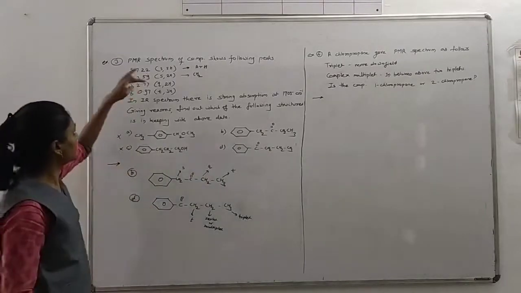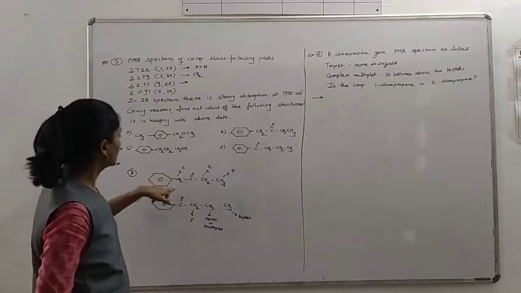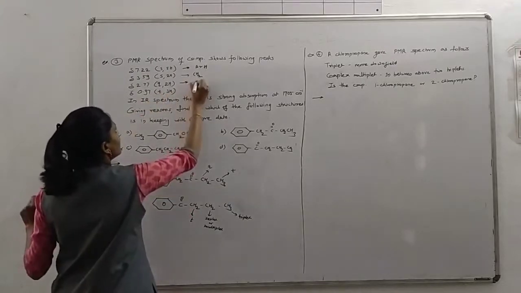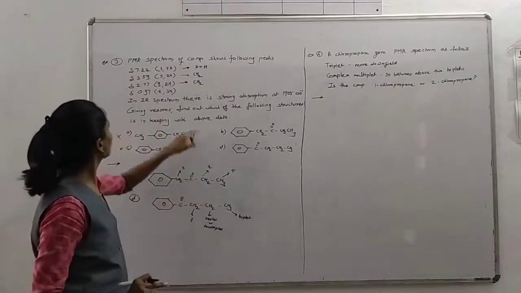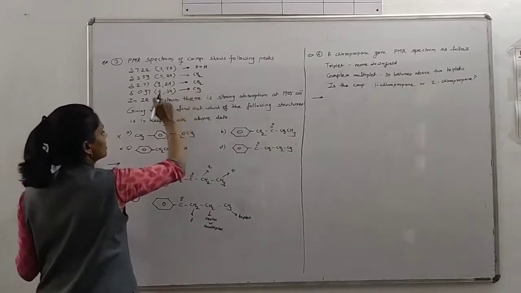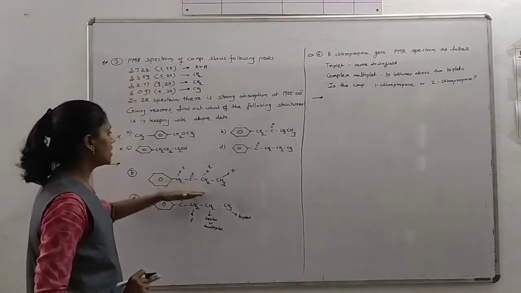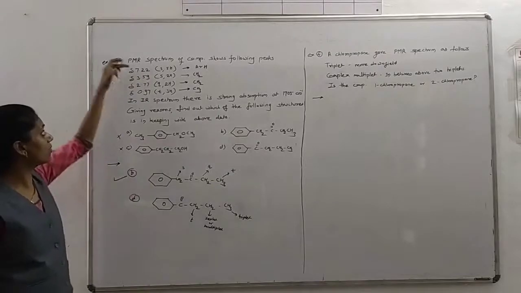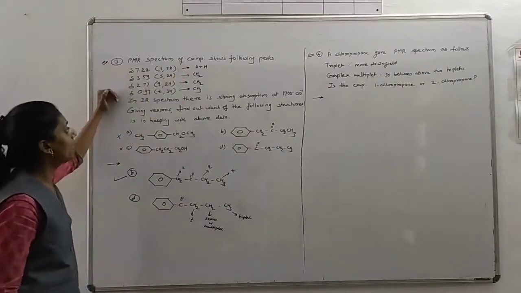Our data is like this: 2 protons give a singlet, again a CH2 group with 2 protons gives a quartet, and the CH3 gives a triplet. The values of structure B match this given data.